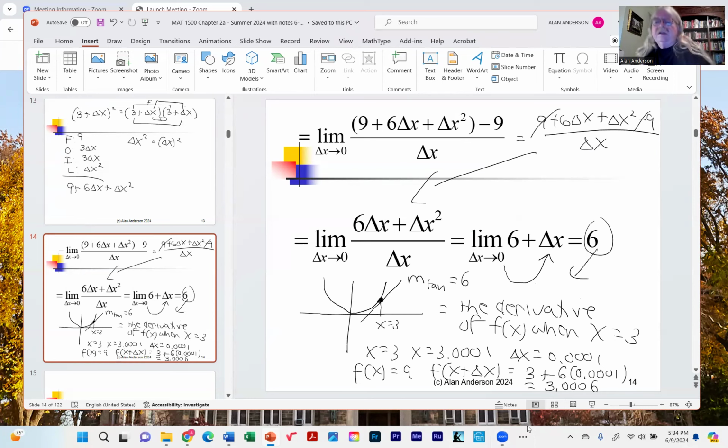Okay, now that's only approximately correct, by the way, but in other words, what it's saying to us is that every 1 unit increase in x at this point will lead to a 6 unit increase in f of x.